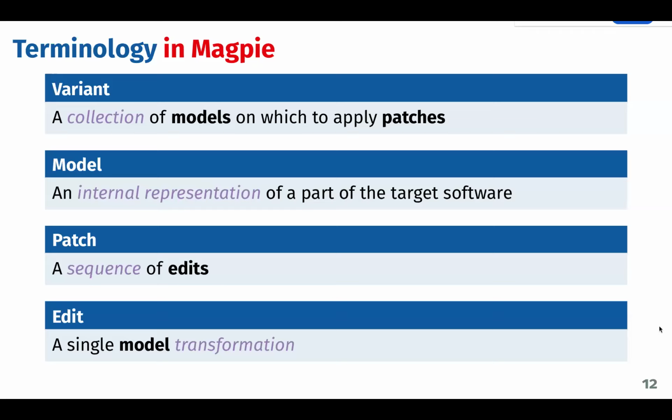For example, if you have a file main.c, the model could be a list of the lines in the file main.c. It could be the AST of your file main.c. It could be something else. Your variant is just a list of the models you use to represent your software. A patch will be a sequence of edits, and one edit will be a single model transformation.